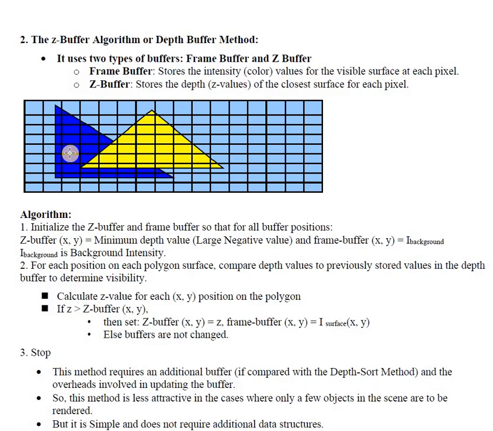It will be 1. So 1 is greater than what is there in your z buffer. So you update the value of your z buffer to 1, and frame buffer will become I surface x comma y. So at this pixel, what is the intensity? It is dark blue. So from light blue it will become dark blue. If this is not the case, if the new z value is not greater than the z buffer, then you don't do anything, you just proceed.